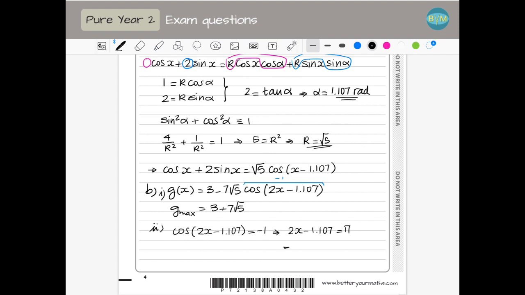From there, I just make x the subject. So x is going to be pi plus 1.107, divided by 2. Rounding to 2 decimal places, this is 2.12 radians. And that's all.